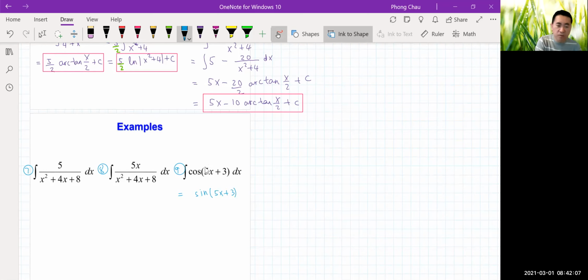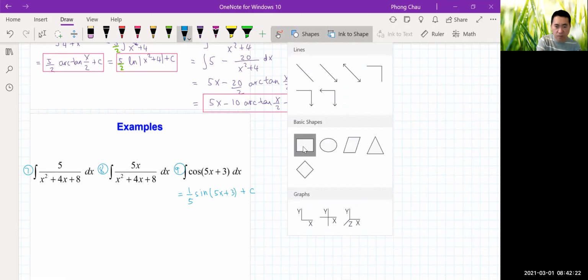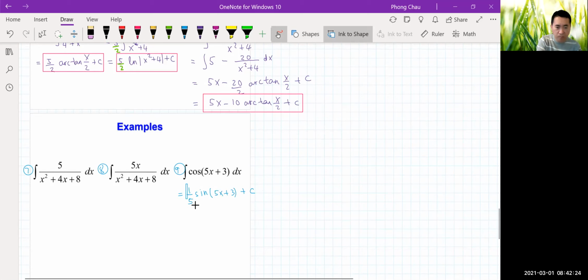So when you take the derivative, you multiply by 5, so when we do the antiderivative, we multiply by 1/5. So that'll be 1/5 sine of 5x plus 3 plus the constant there. Okay, and that one is that.